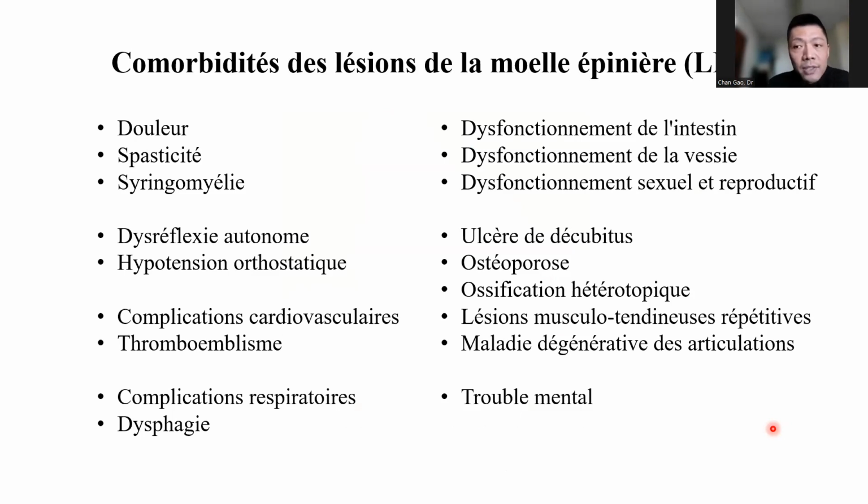This slide shows some of the most common comorbidities, which include chronic pain, spasticity, autonomic dysreflexia, orthostatic hypotension, blood clot formation, coronary artery disease, respiratory insufficiency, recurrent pneumonia, neurogenic bowel and bladder, sexual and reproductive dysfunction, decubitus ulcers, osteoporosis, degenerative joint disease, and repetitive muscle and tendon injuries.